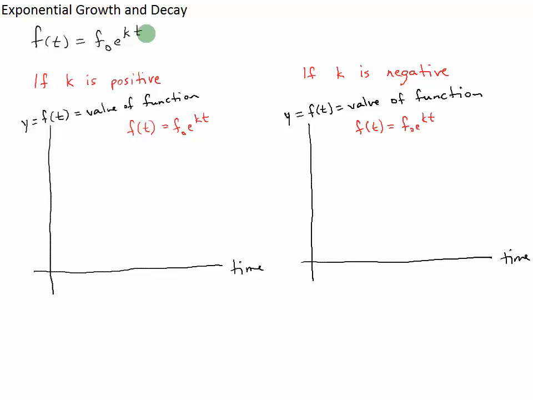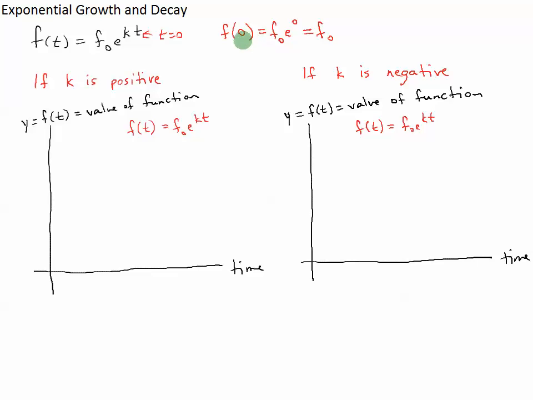First of all, you might notice that if you plug in t equals 0, time being 0, you get f of 0 equals f subscript 0 times e to the 0 power. E to the 0 power is 1, so this equals f sub 0 times 1, which is just f sub 0.